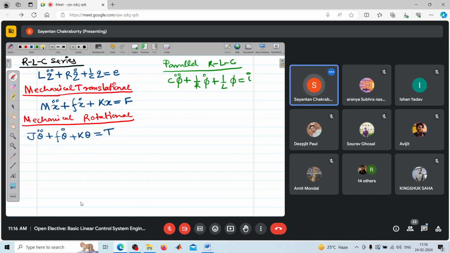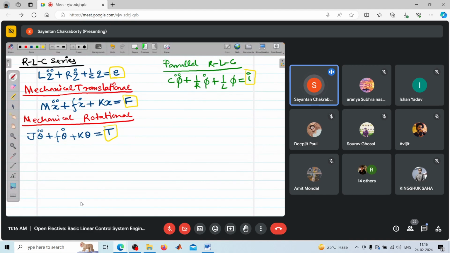So in each of these cases, this voltage, this current, this force, and this torque are the driving functions, right? These are the sources of energy responsible for the dynamic behavior of the system.